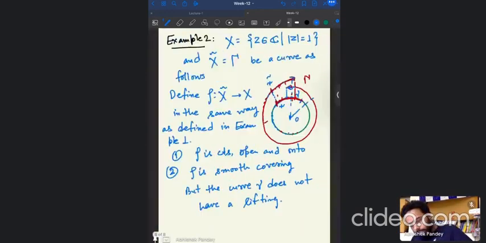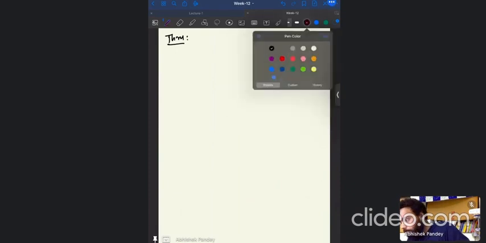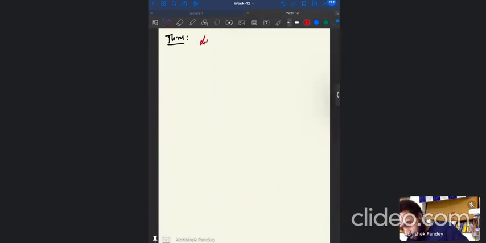So let us just write this theorem. It says that, let rho comma x tilde be a smooth covering of x.